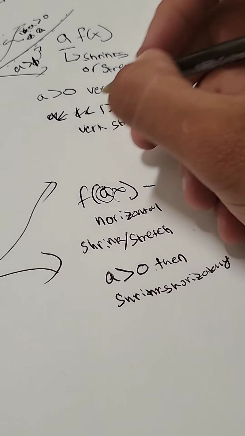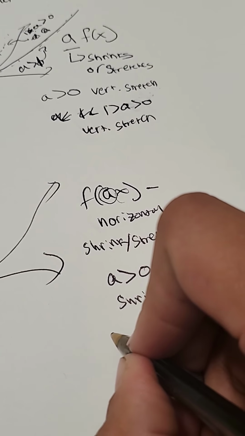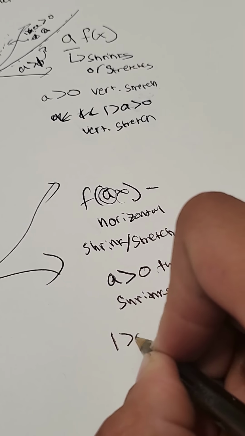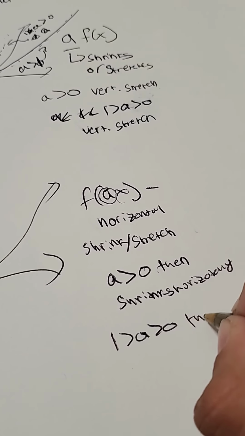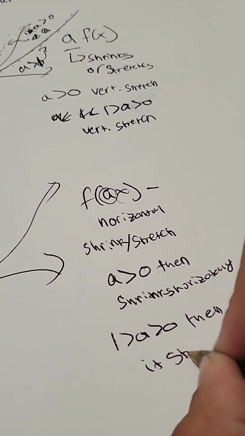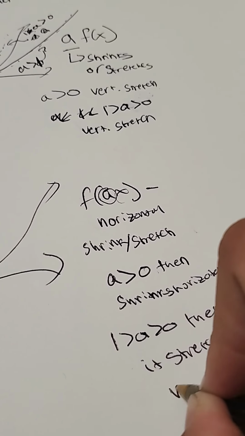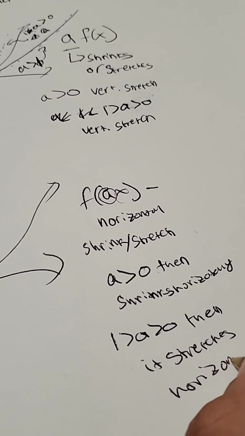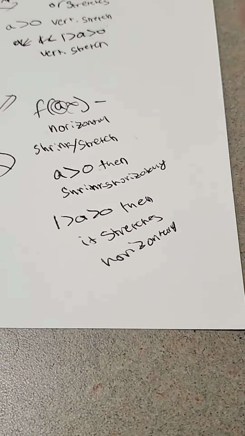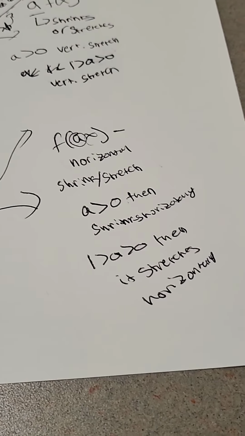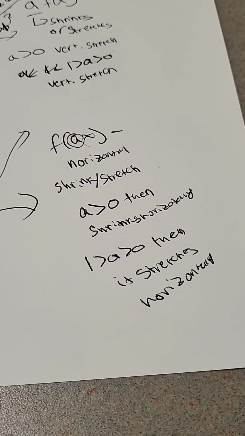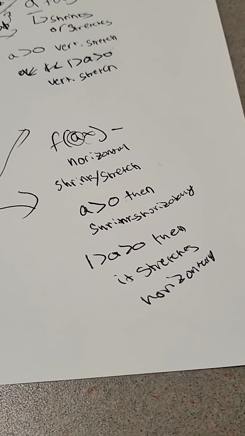And if a satisfies the inequality 0 is less than a is less than 1, then it stretches horizontally, which makes sense because if you have a vertical stretch, it'll shrink a little bit horizontally, and vice versa for the opposite.